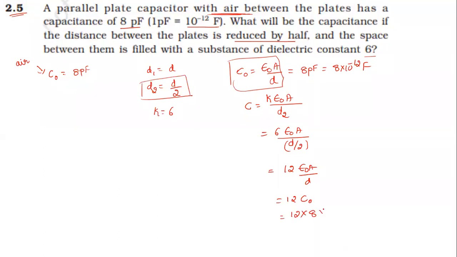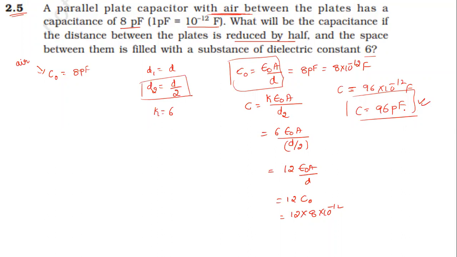How much is given? 8 into 10 power minus 12. Yes or no? So we are going to multiply 8 by 12. What are we going to get? 96. So we get 96 into 10 power minus 12 farad. That is the new capacitance, or you can say 96 picofarad.